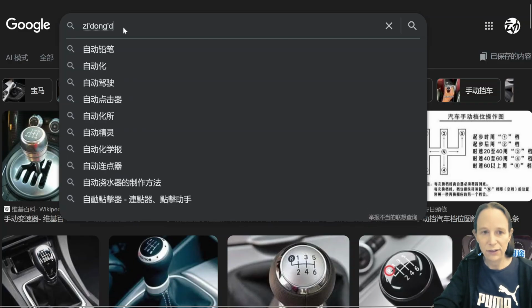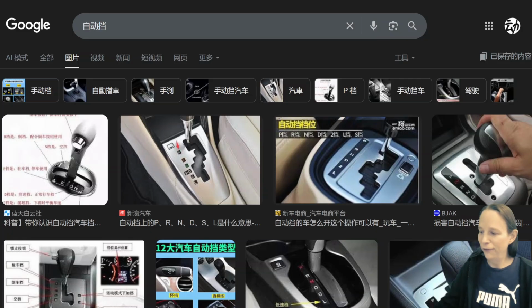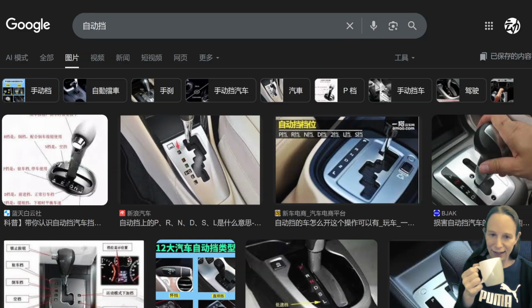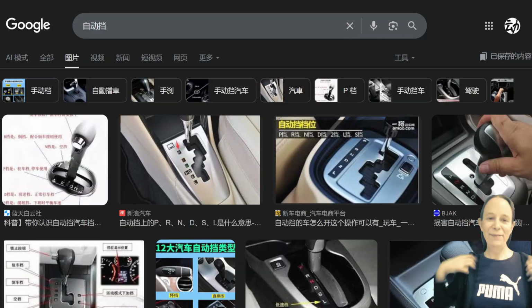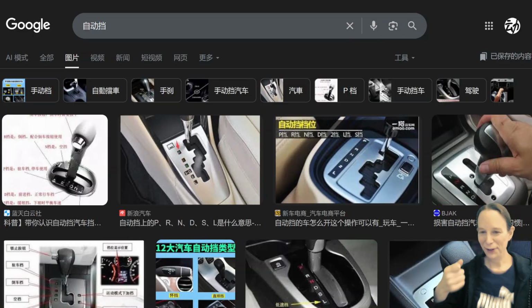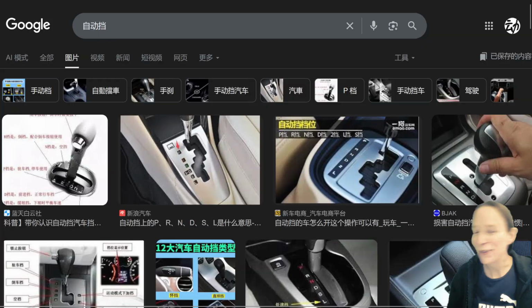And 自动挡 is the automatic transmission where your engine changes gears for you when it feels it's appropriate. Yeah, sometimes it can be a little bit tricky, but I think engines nowadays know what to do. When I drive an automatic transmission, I accidentally try to change gears, and yeah, whoops, don't do that.